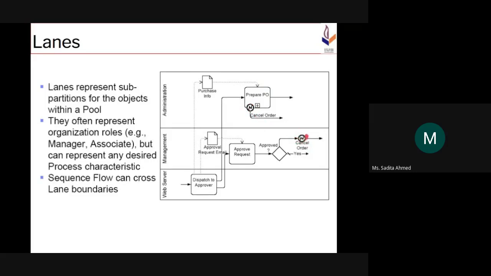This is placed within a sequence flow. This cancel order event is placed within a sequence flow. So this is just an error-triggered intermediate event, because it's placed within the normal sequence flow. However, this cancel order event, on the other hand, is placed on the boundary of a sub-process.